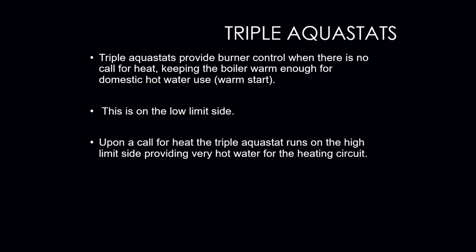If the thermostat is not calling for heat, the boiler will now operate on the low limit side. It will just maintain 160 degrees for simple domestic hot water. Now, if both were calling, we needed hot water and heating, the boiler is going to operate at 180 degrees.